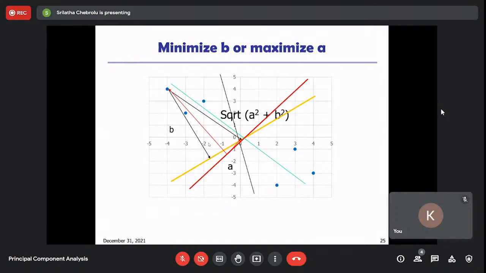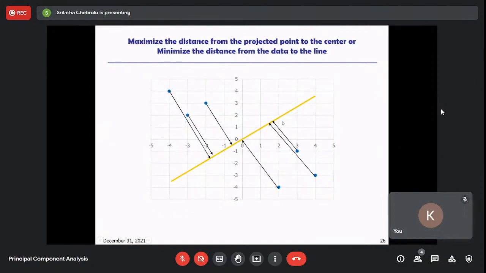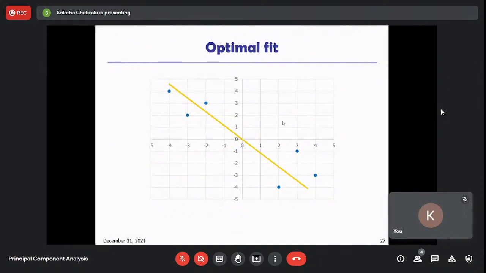So many lines are passing through the origin, right? Maximum variation in the sense, when you project these points onto that line, the points should not be very close. There has to be some variance. The variance has to be preserved. That line has to be selected.